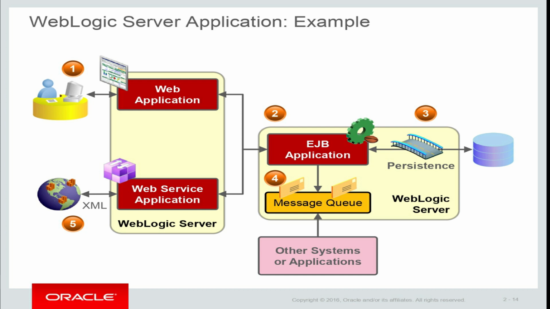Other applications and other systems can also connect to WebLogic. Now you will ask what kind of other systems. Other systems can be your legacy systems or your desktop applications, which can connect to WebLogic Server with the APIs. Here we are not installing desktop applications with WebLogic, but we can connect with message queuing, because it is the standard JMS message queuing, which can be used with Java desktop applications.